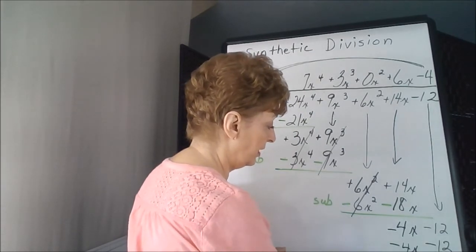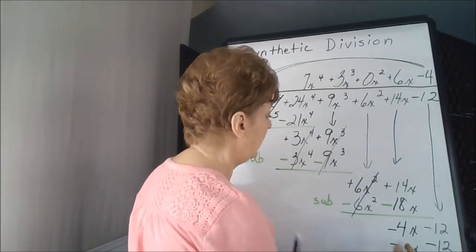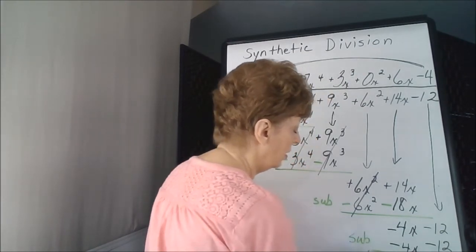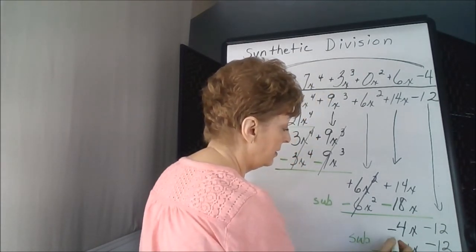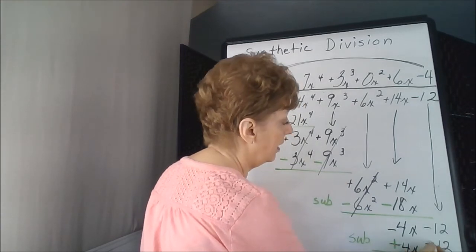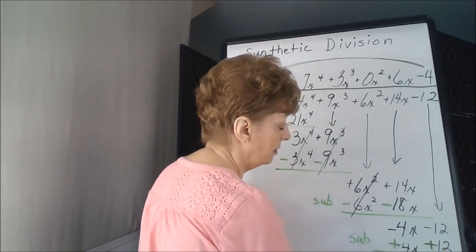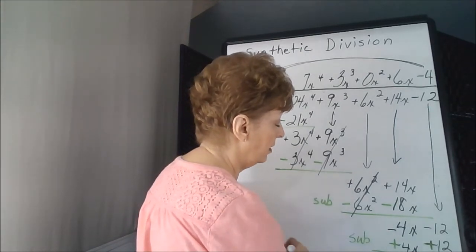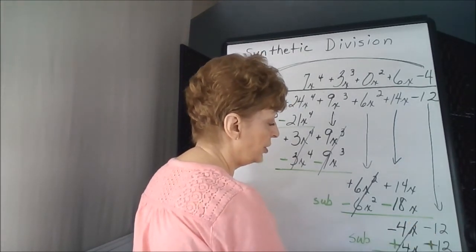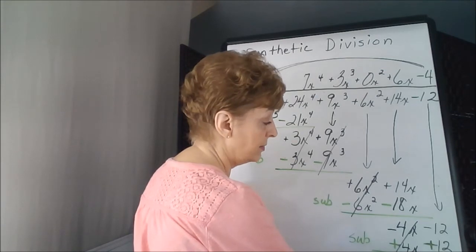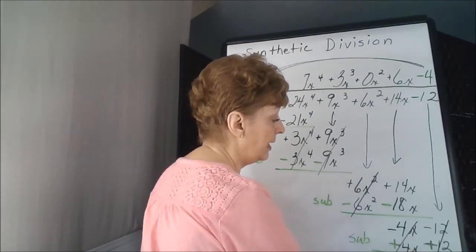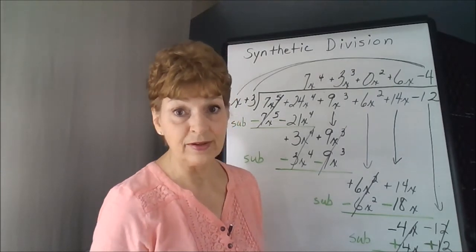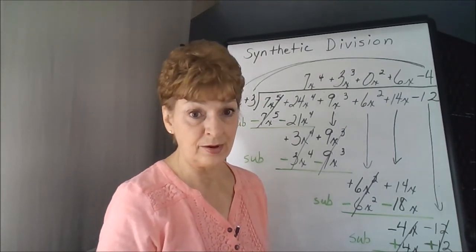This is a perfect match, so we can subtract. That changes the signs on both of these. And at this point, we've eliminated the first term, and in this case, we've also eliminated the last.